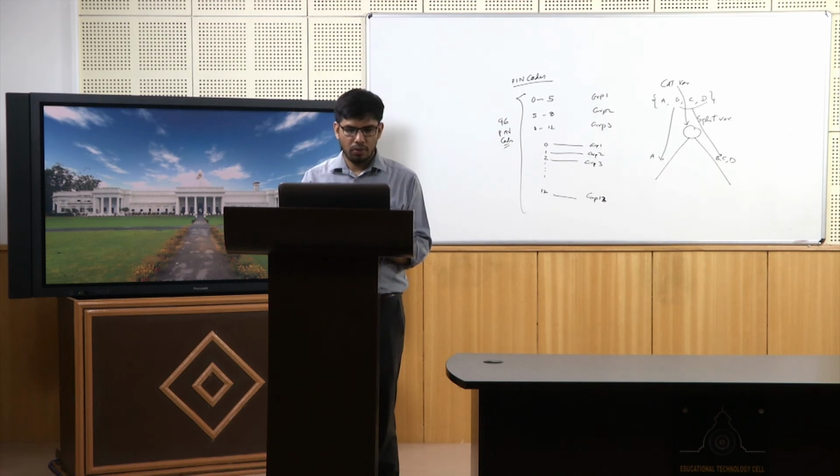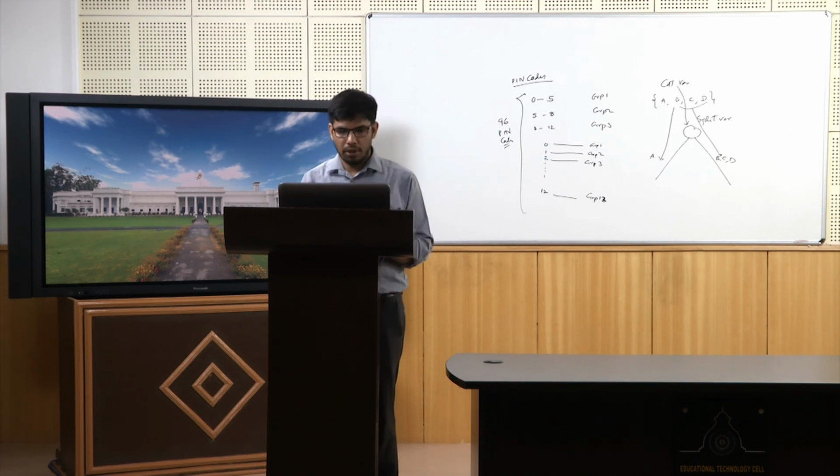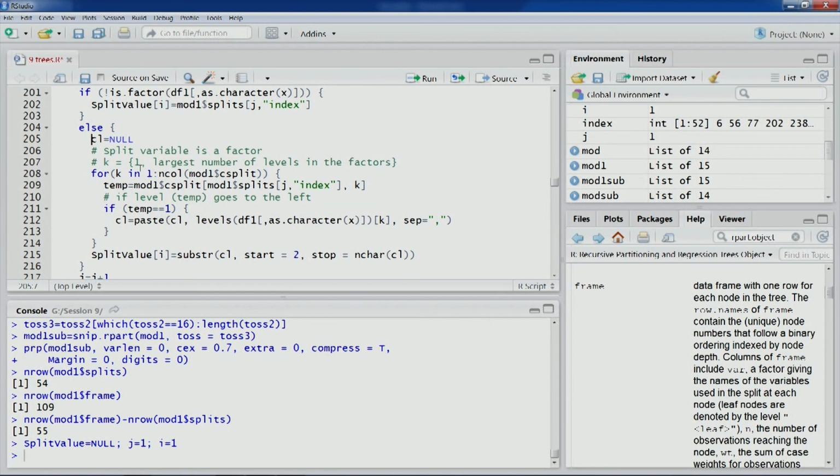If a particular label goes to the left child, the left branch, that is recorded here in CL, the variable that we had created. Then you can see the next line in the else part itself. Again, for all the labels this loop will run, and we end up recording all the labels.